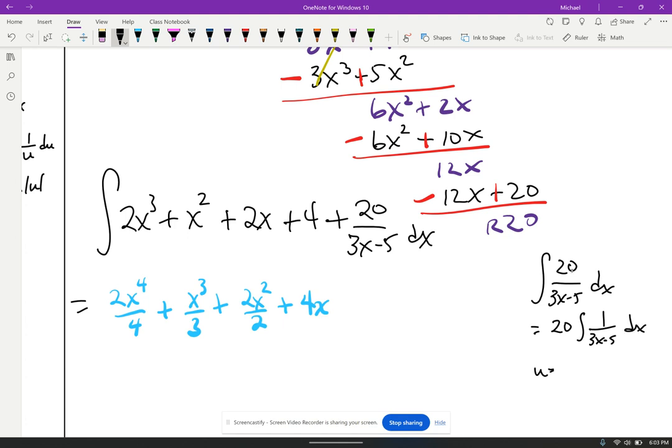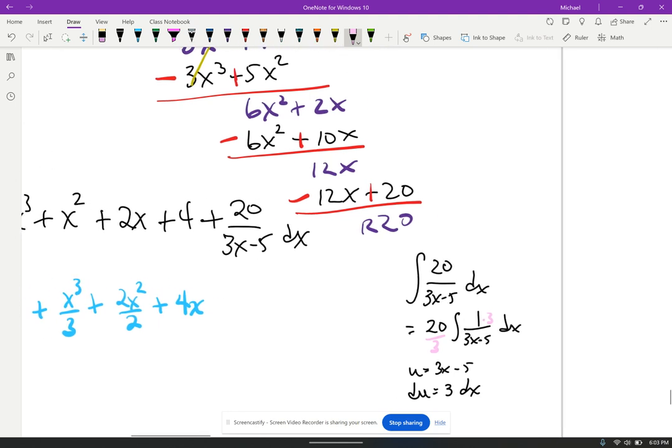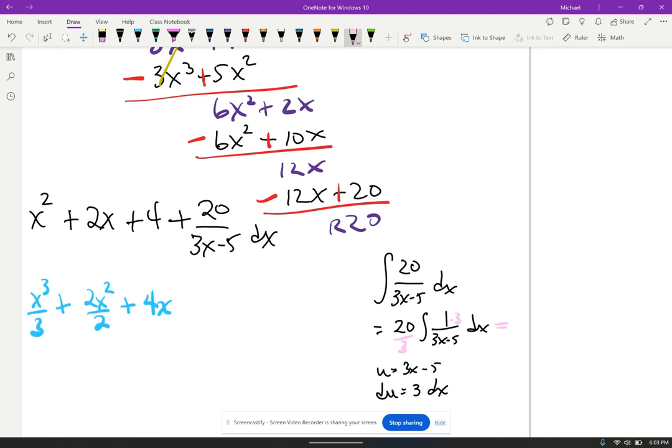If I say u equals 3x minus 5, that means du is equal to 3 dx. I don't have a 3 dx, so let me multiply this by 3. But if I multiply by 3, I have to compensate by dividing by 3 on the outside of the integral.